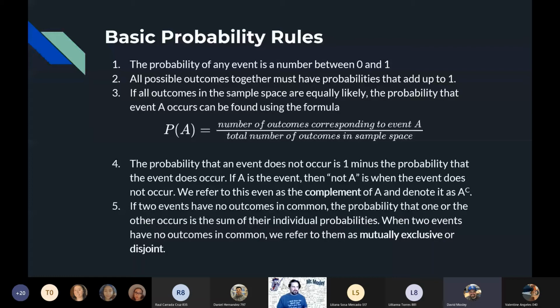When 2 events have no outcomes in common, we refer to them as mutually exclusive or disjoint. So again, the probability that one or the other occurs is the sum of their individual probabilities when they are mutually exclusive or disjoint. So we need a moment to write these down.